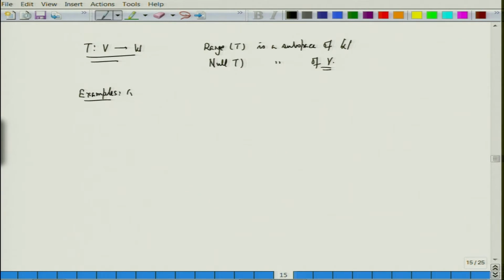Example 1. Suppose I have given you f from R3 to R4 given by f of x, y, z as x minus y plus z, y minus z, x, 2x minus 5y plus 5z.